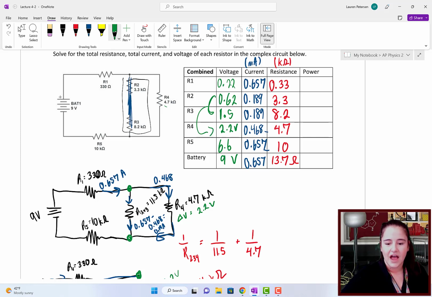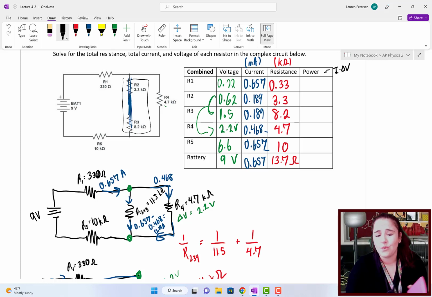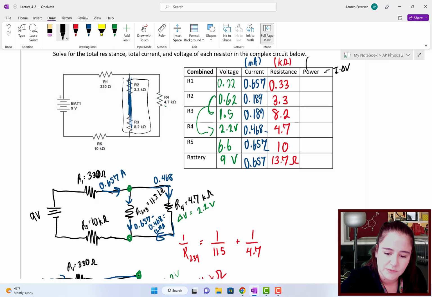Okay. So then power rating. Power, remember, is current times voltage. I will quickly do those calculations for you so you can check your answer, and this will be in milliwatts again.